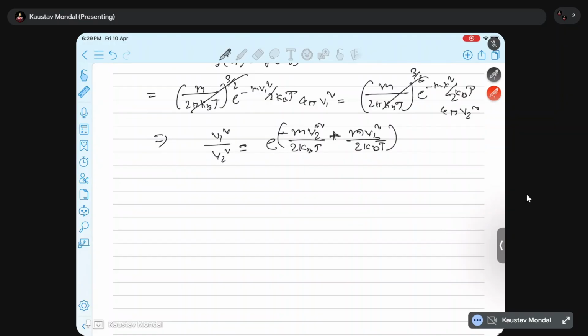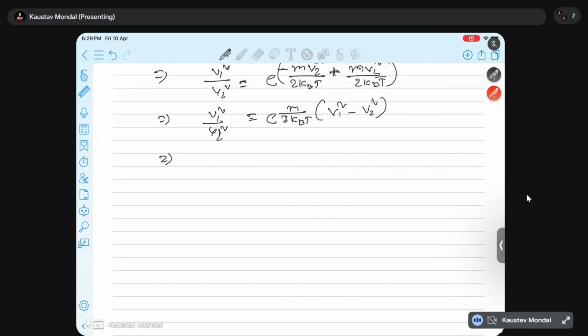So it will now become e to the power m by 2kbT into v1 square minus v2 square, right? So v1 square by v2 square. If you take the log on both sides, now we get ln of v1 by v2 squared, and we take the exponent of this function in front. Since we are taking logs, we can take the exponent part as a multiplication, right? Now this part will become m by 2kbT into v1 square minus v2 square.